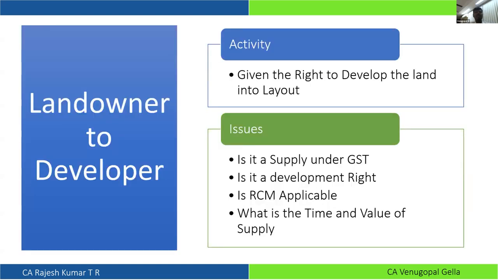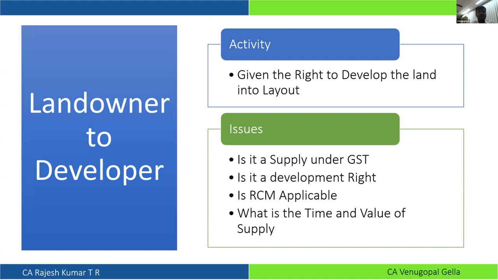Let's look at the first one, where the landowner is engaging the developer to develop the plot. The point Rajesh sir has mentioned is that a right to develop the land into the layout has been given by the landowner to the developer. The question that comes is, is it a supply?